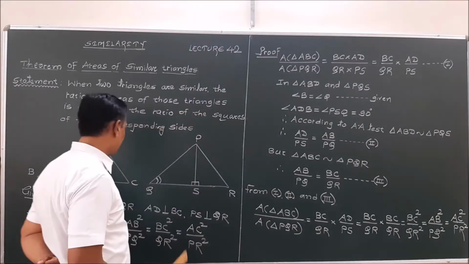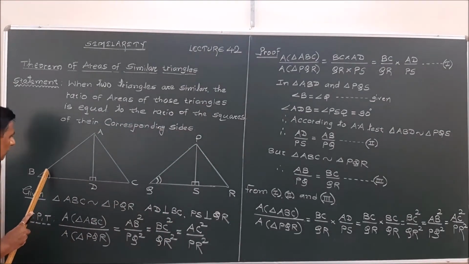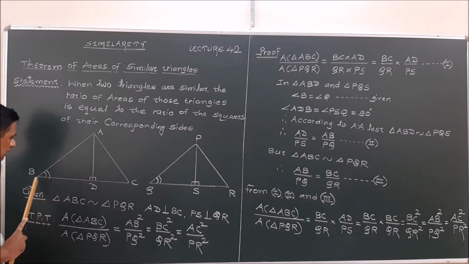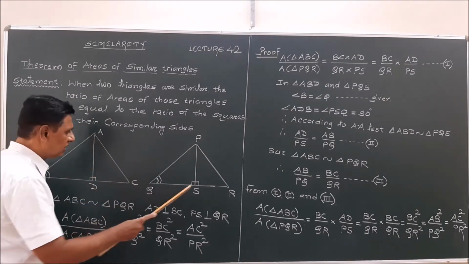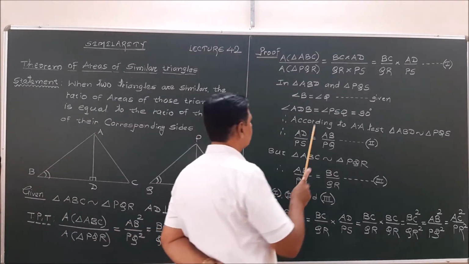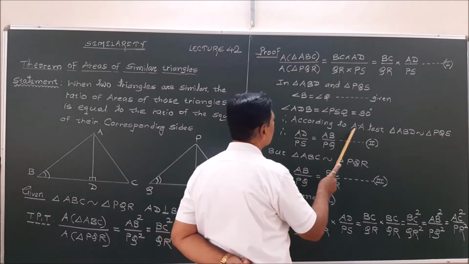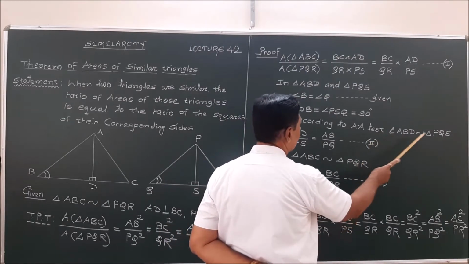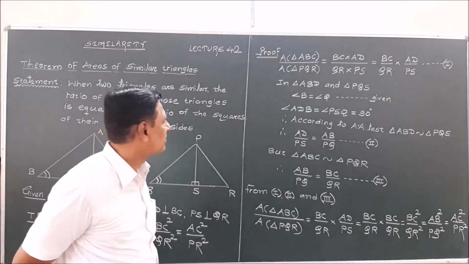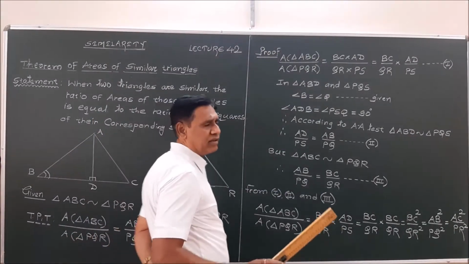So B is congruent with Q, D is congruent with S, and each is 90. So according to the AA test, triangle ABD is similar to triangle PQS. Correct? Now, but it is given.